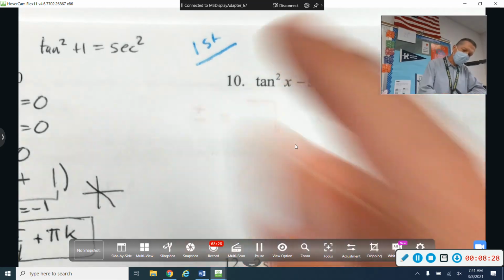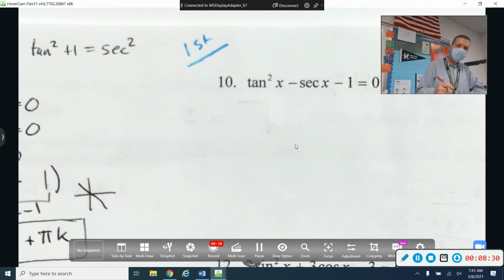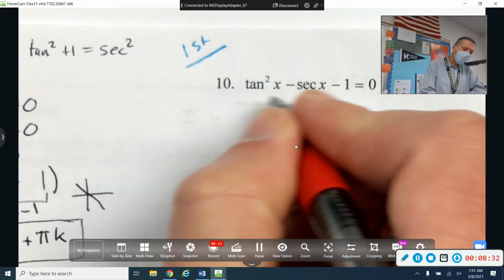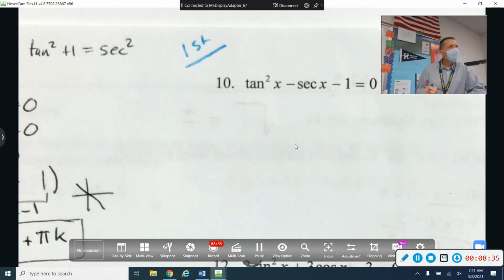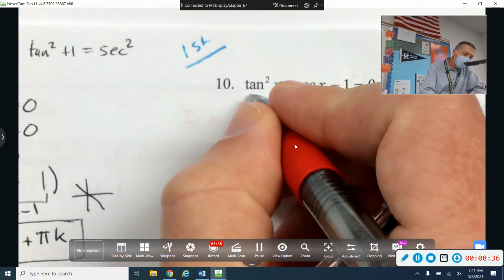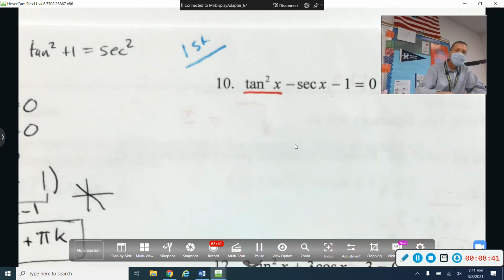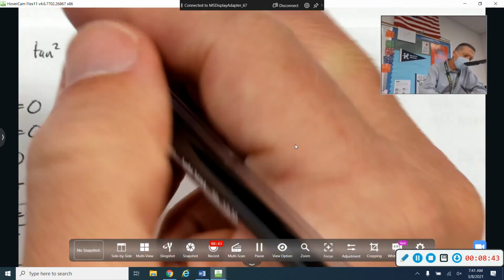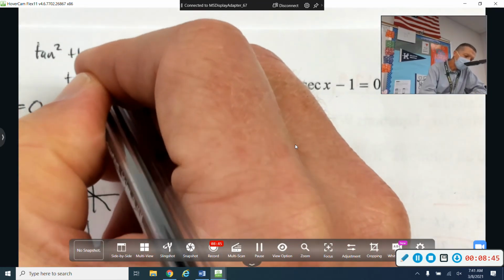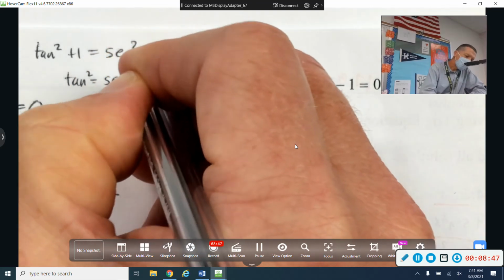I want to replace, well, you tell me, in number 10, what do I want to replace? The tangent squared. I can't really replace secant because it's not squared. So tangent squared, if I rearrange the identity here, is secant squared minus 1.